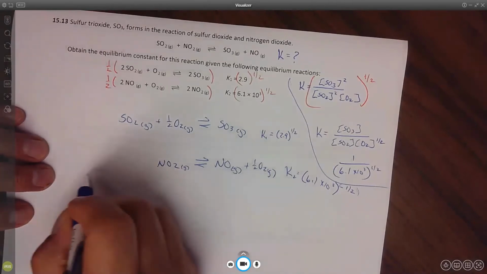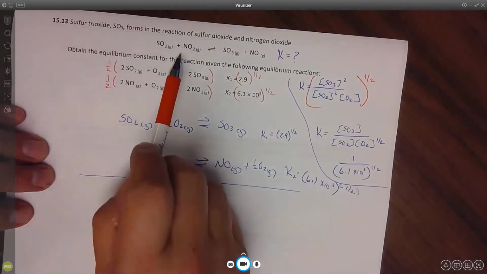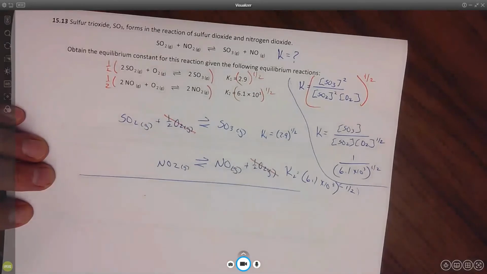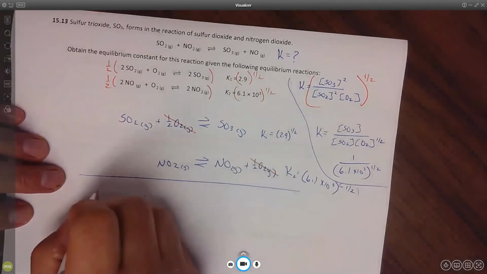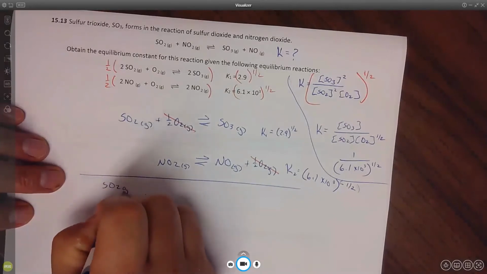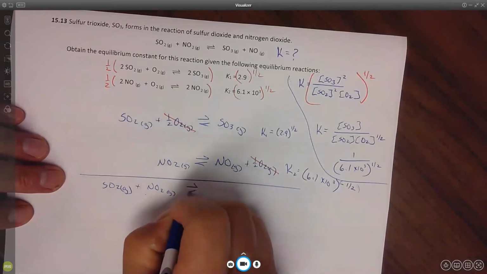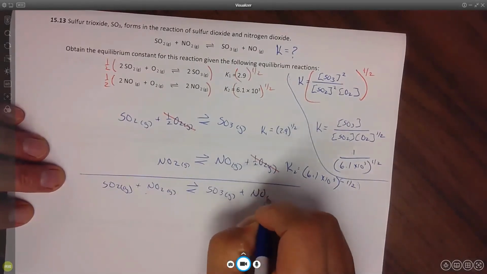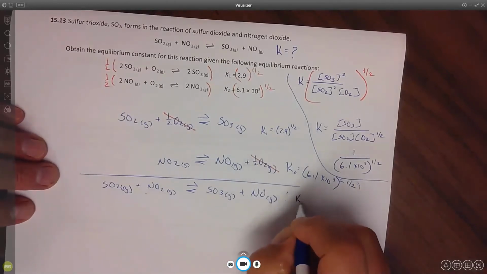Now if we did everything right, I should be able to add these 2 equations and get the original equation that I wanted. Well, I see I have a half of O2 on both sides. Now there's nothing else common, so I'm just going to bring down what I have: the SO2 gas and the NO2 gas, which would be in equilibrium with the SO3 gas and the NO gas. So now I'm looking for this value.